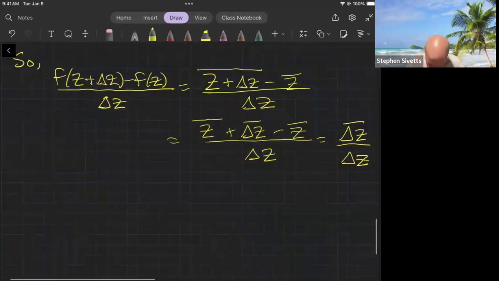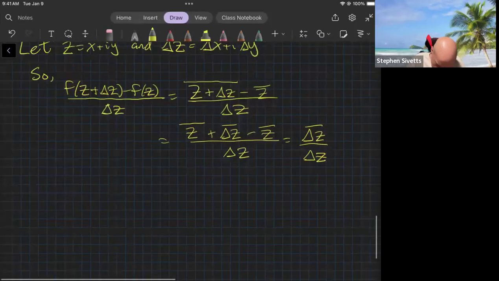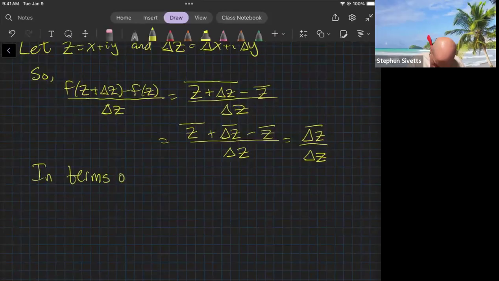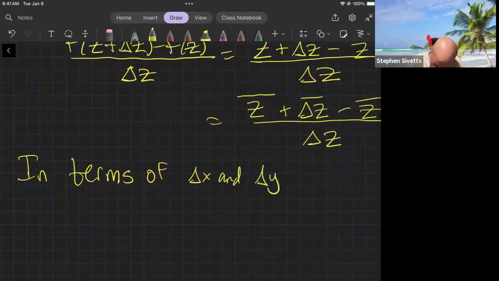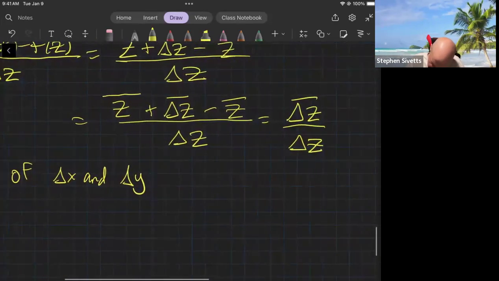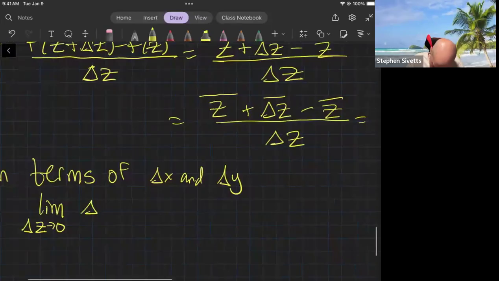Okay. So in terms of the real and imaginary components, in terms of delta x and delta y, we're looking at this quantity.